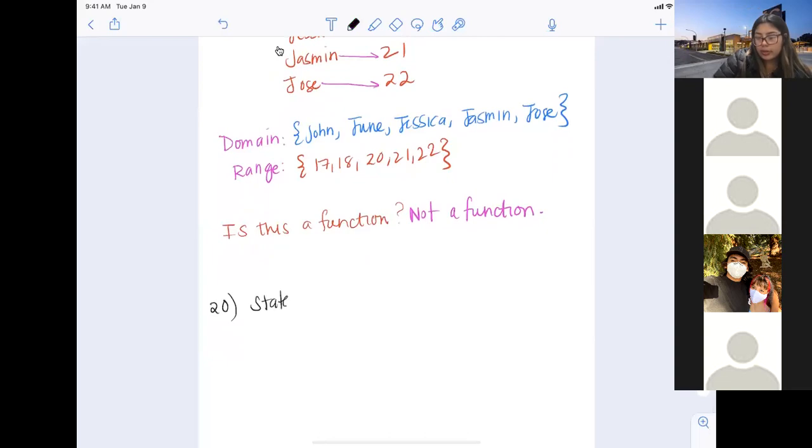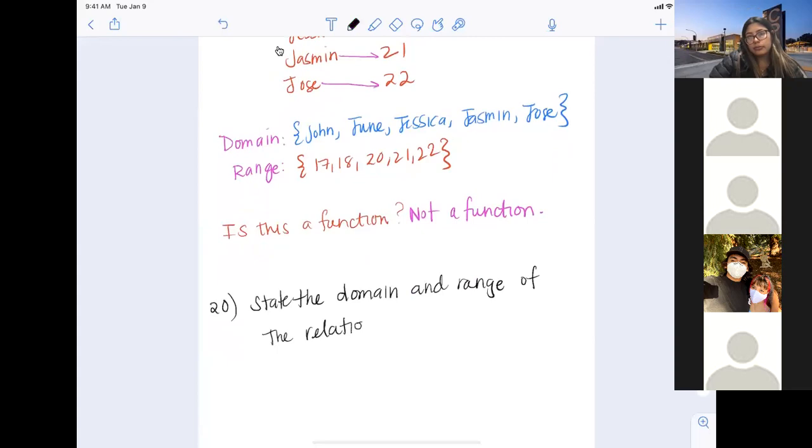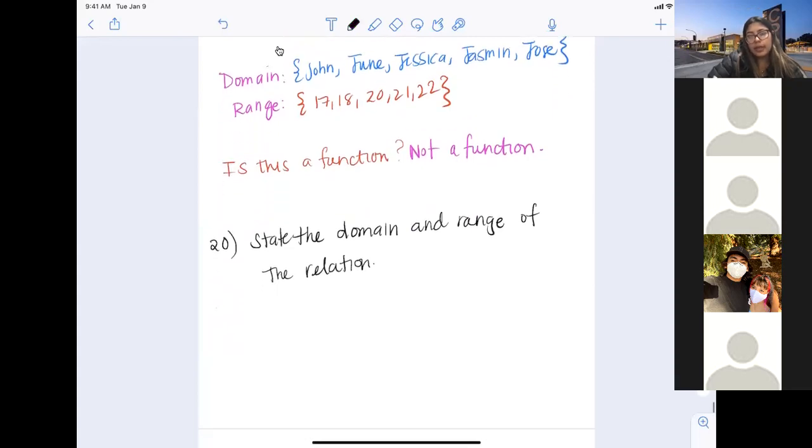Here, state the domain and the range of the following relation. So what if I give you a set of points, like -9, 6, -9, 7, 2, 2, or 1, 1, it doesn't matter.